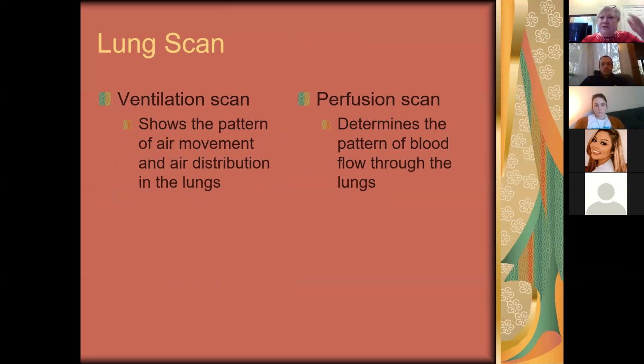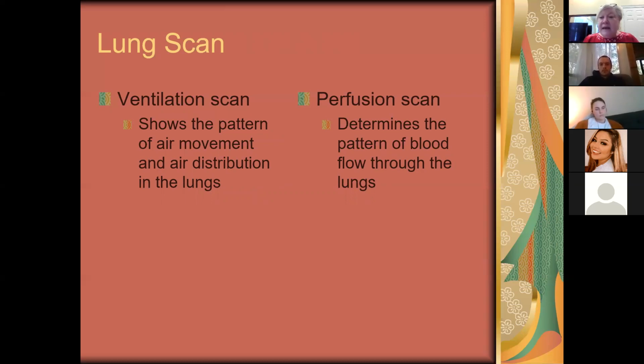And so what they'll do is you'll go down to nuclear medicine and you will breathe a radioisotope. So, they'll pinch your nose, they'll put a spirometer in your mouth, you'll breathe in this isotope, and then they will put the scanner down and they will scan your lungs. And they will make sure that this isotope went through all your lungs and that you didn't have like a tumor or something that didn't let your lungs show up.